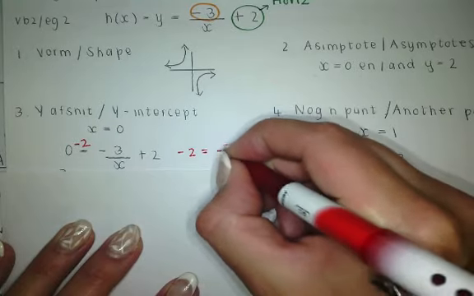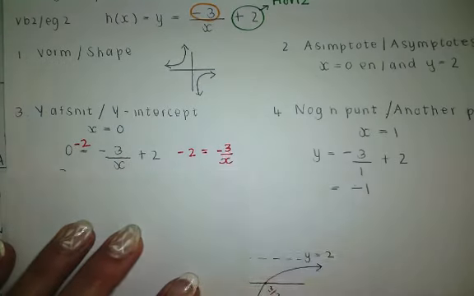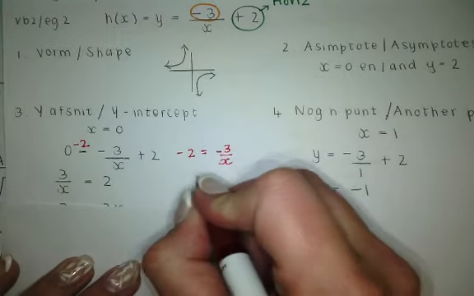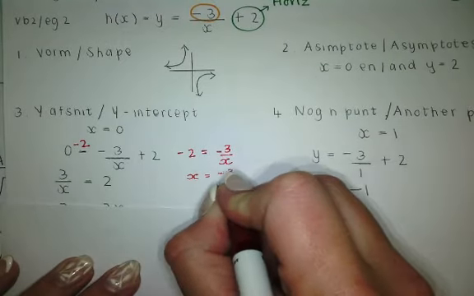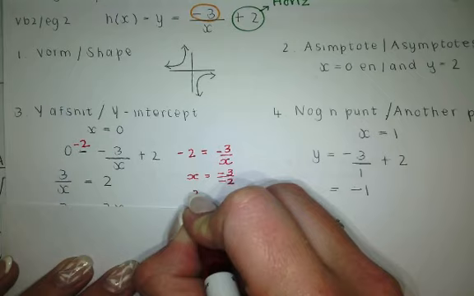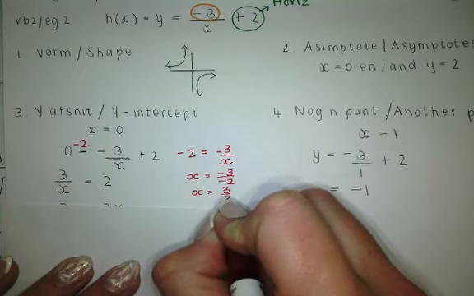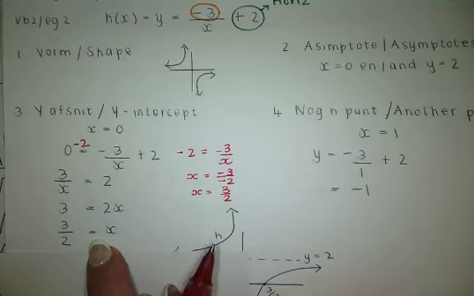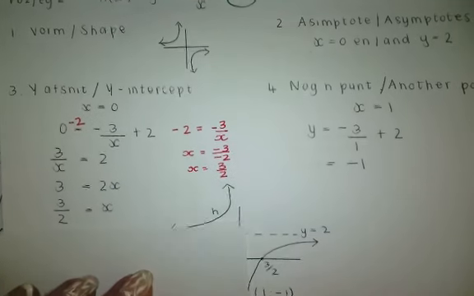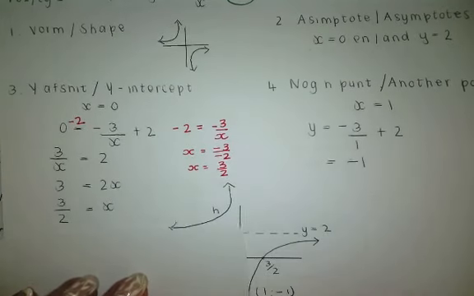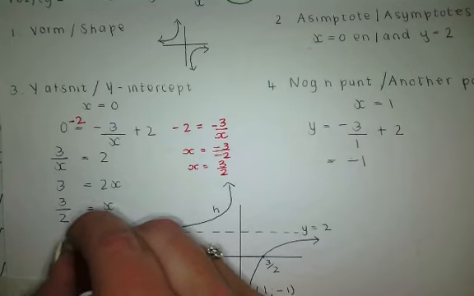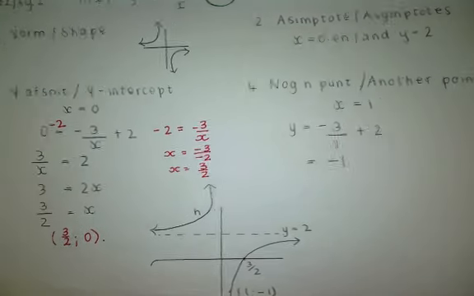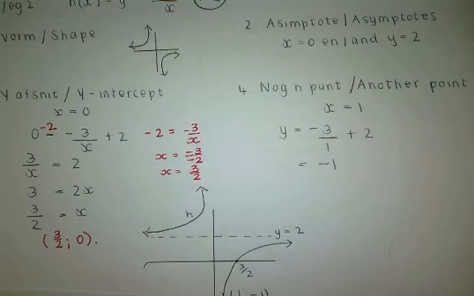Okay, so if we had to do it this way, it was going to be negative 2 is equal to negative 3 over x. You'd swap these two around and you'd have x is equal to negative 3 over negative 2, which is positive 3 over 2. Negative divided by negative is a positive, which is the same thing, you see. Okay, same thing. There's our x-intercept, our first point. Okay, so it's going to be 3 over 2 and 0.